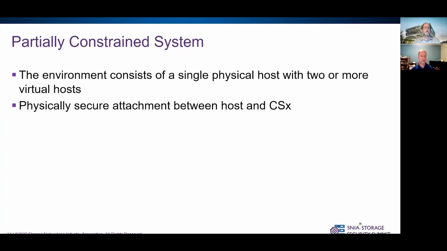We are still talking about a physically secure attachment between the host and the CSX. So in the intermediate term, we are not thinking about how to provide security over an unprotected connection between the host and the CSX.